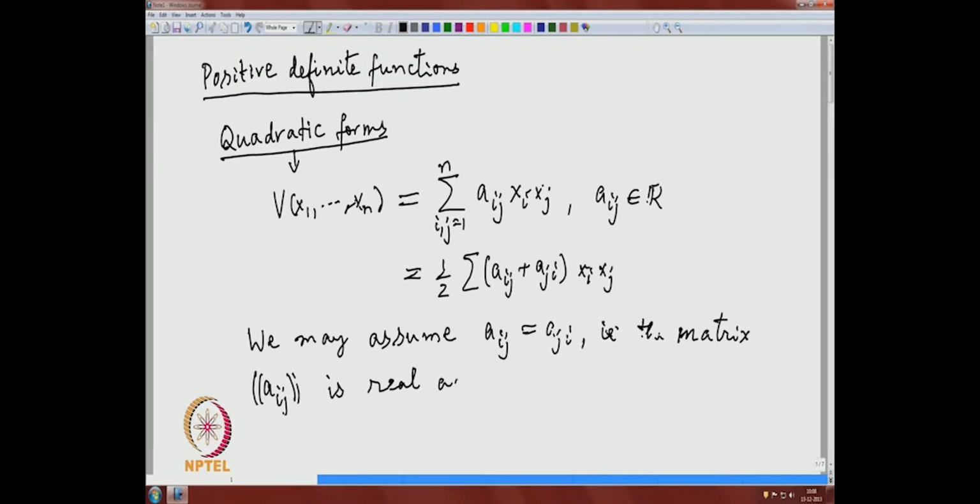So, the matrix elements a_ij are all real, and symmetry means a_ij equals a_ji.